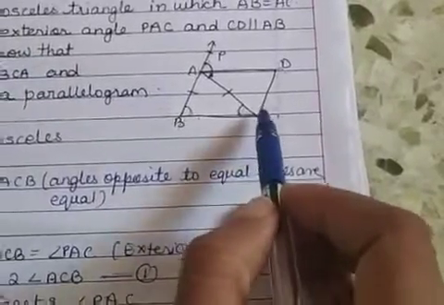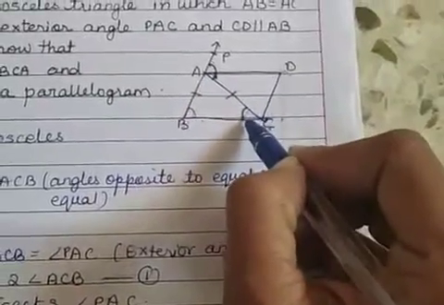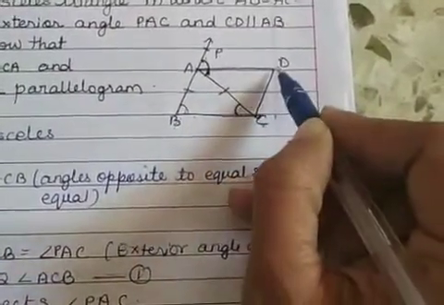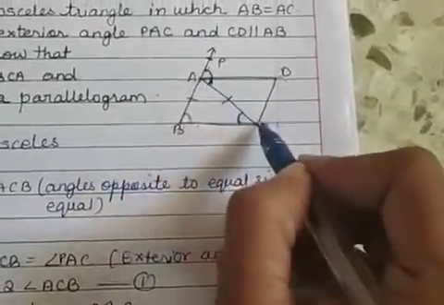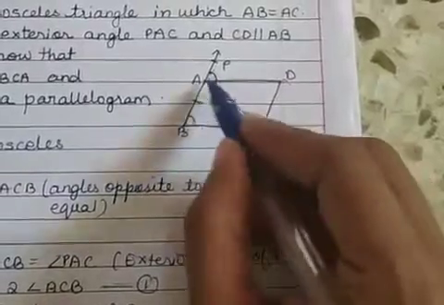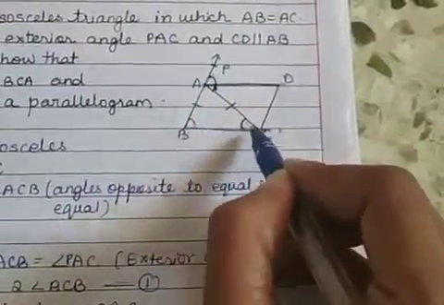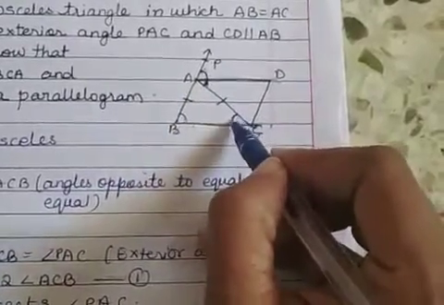Now we have just seen that angle DAC is equal to angle ACB. If you consider these two lines and this as a transversal, then these are interior angles.